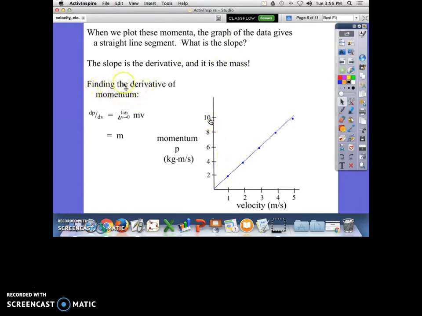So if we find the derivative of the momentum, basically your delta momentum over delta v, you get the limit as your velocity increment approaches zero and gets smaller and smaller of m times v. Take the derivative of that, you get m, which is mass.